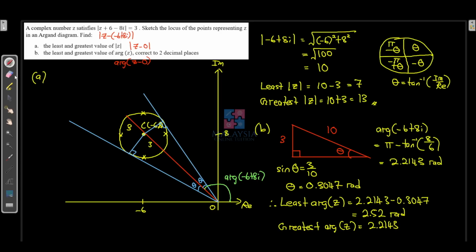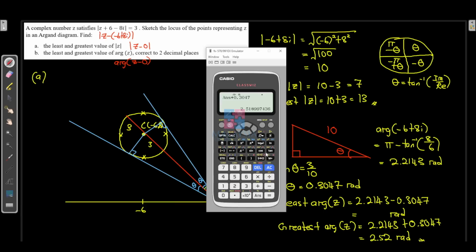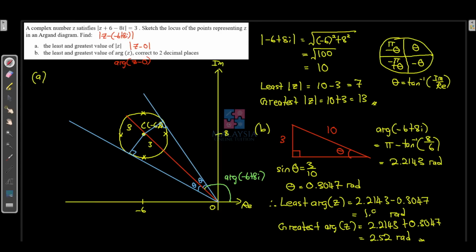So 2.52 we are going to put for the greatest, 2.52 radians here. And then for the least, 2.2143 minus 0.3047, that is 1.91 radians. So these are the final answers for question number 5, part B.